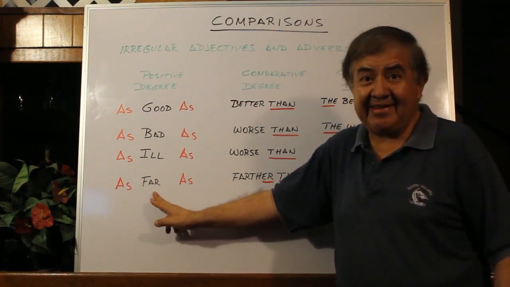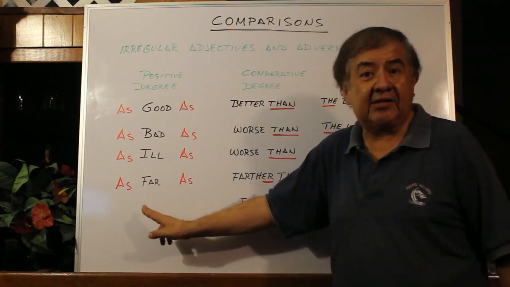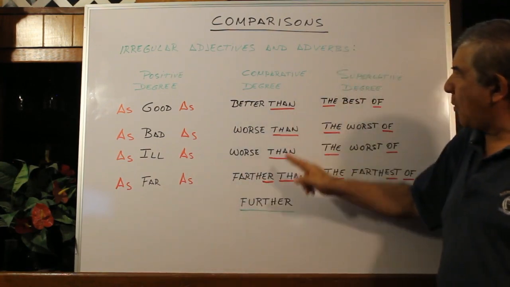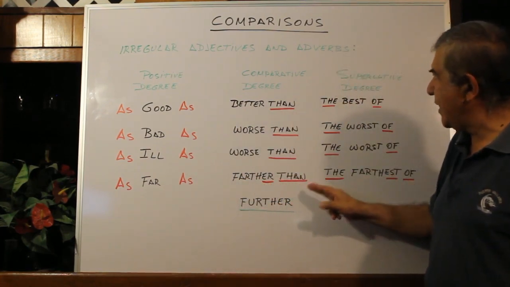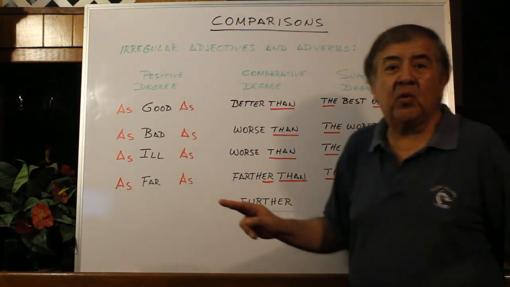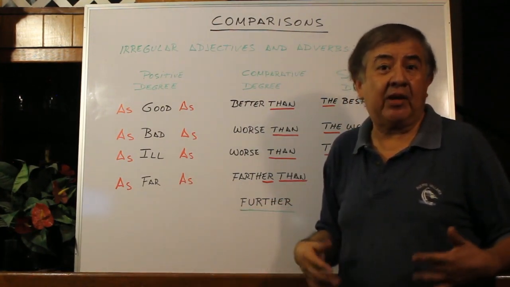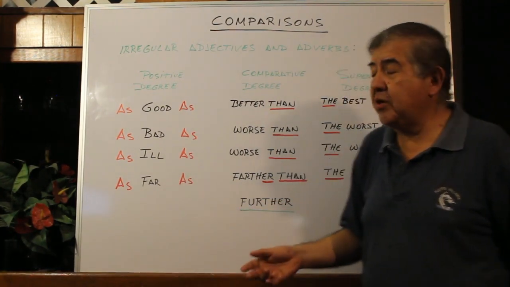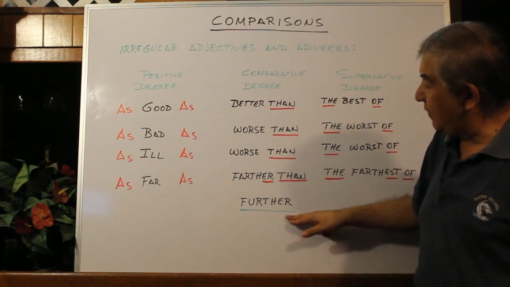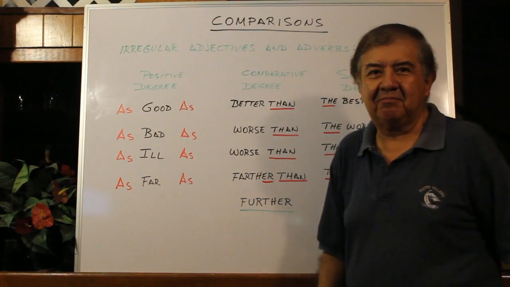Far means distance, okay? So when we use the positive degree, we say as far as. The comparative degree, farther than, and the superlative degree, the farthest of. But when we use far with the meaning of extra, for example, extra information, yes, we use the adjective further. Okay? Now let's see some examples.